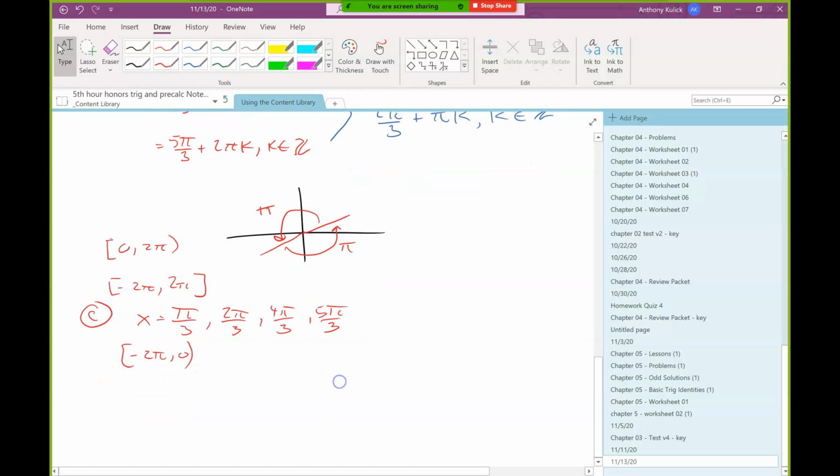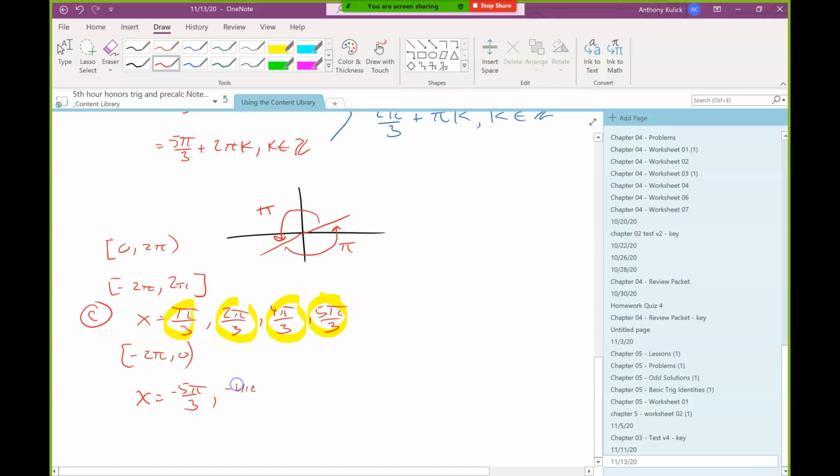So to find those answers, all I'm going to do is subtract 2 pi from each of these and check to make sure that it's in that interval. I'm subtracting because I know that -2 pi to 0 is less than 0 to 2 pi, right? So if I do that, I get -5 pi over 3. That's still bigger than -2 pi.